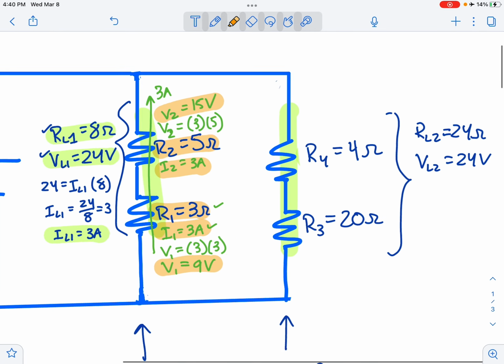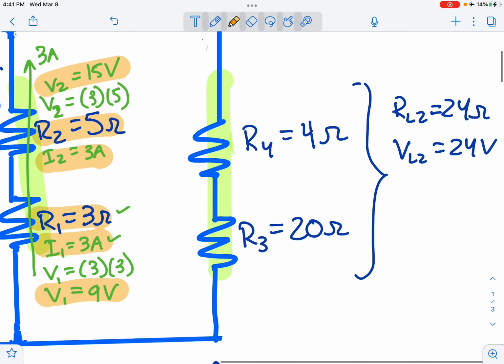Now over here we say, okay, now we have to look at this leg. Well, on this leg we have an R and a V, but we don't have an I yet. So we can solve for I here. The voltage of leg 2, which is 24, is equal to the current of leg 2 times the resistance of leg 2, which is 24. To get current by itself, you divide both sides by 24.